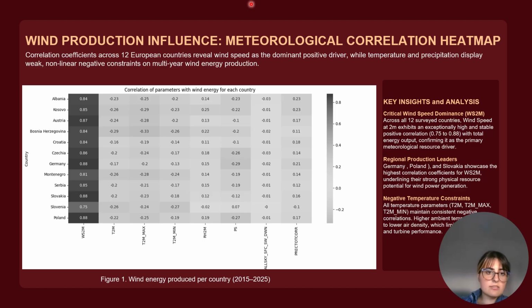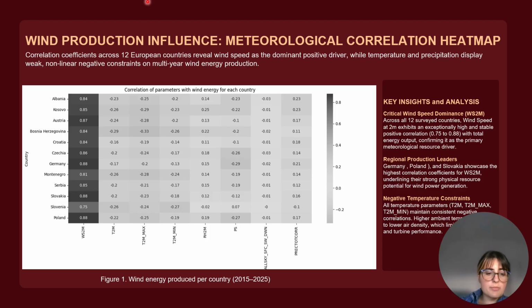We also have minor secondary factors. These show weak correlations, meaning that they are poor independent predictors of wind energy, though they still show some varying trends, except in a few countries. For example, relative humidity shows a weak positive correlation, mostly between 0.11 and 0.20 and 0.22, except in Slovenia.